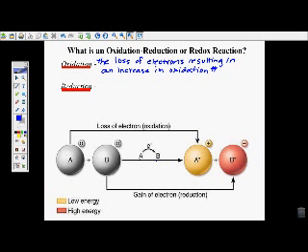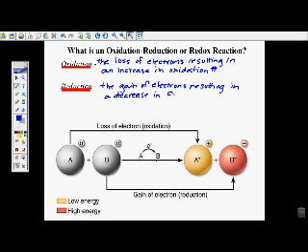Reduction is the gain of electrons resulting in a reduction or decrease in oxidation number.